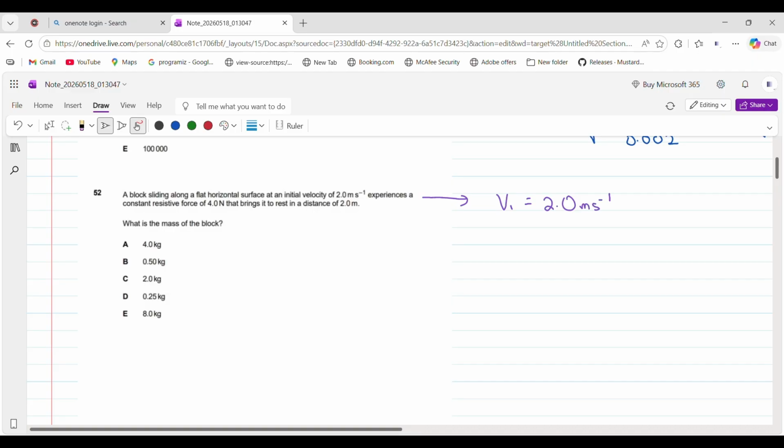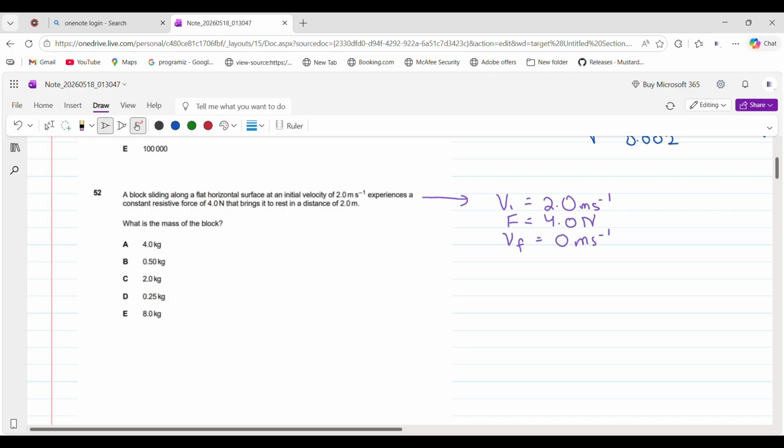Then the block experiences a constant residual force of 4 Newton. So force is also given, and that's 4 Newton. And then that brings it to rest, which means from some initial velocity it is coming to rest, so the final velocity would be 0 meter per second, right?